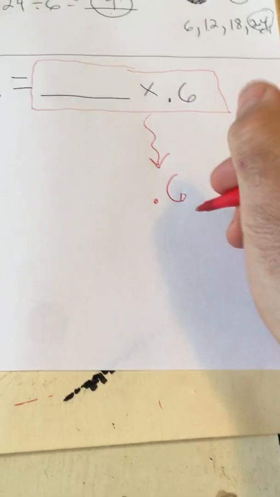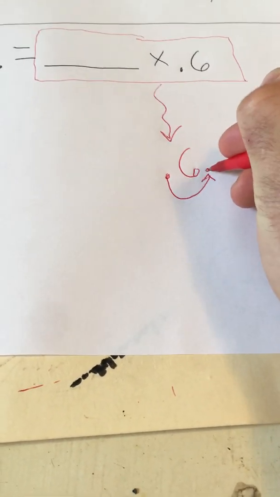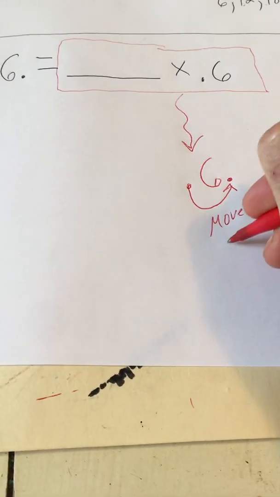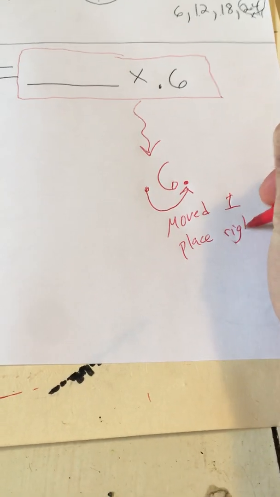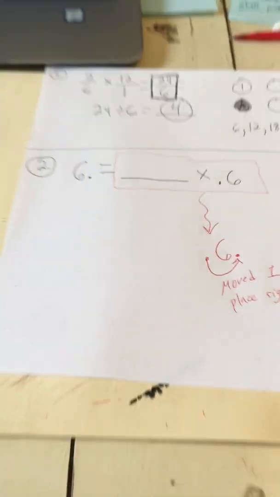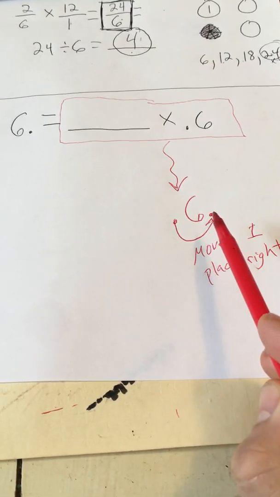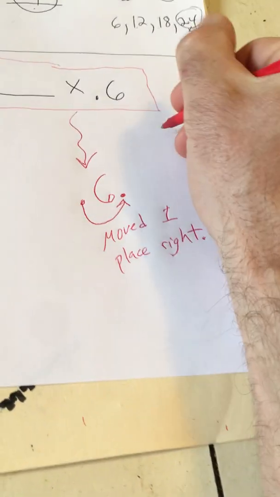So we are going to move it one place to the right. Okay? So if we moved it one place to the right, we know we either multiplied by 10 or divided by 10. So we have to be careful. And just a little review.